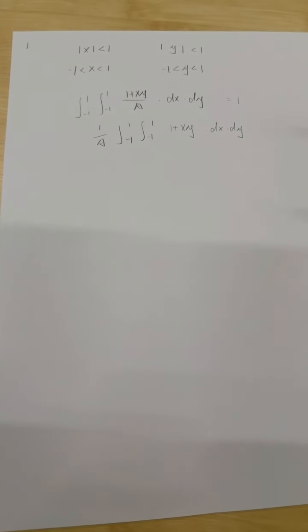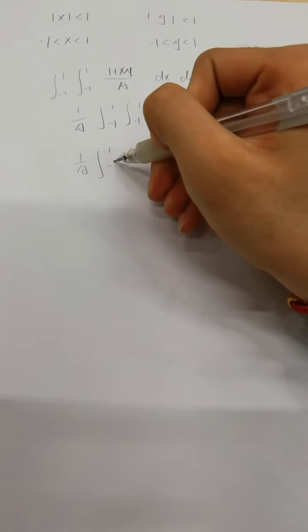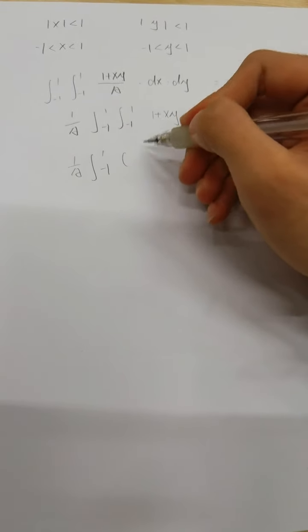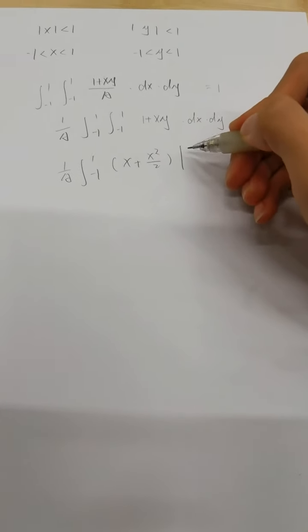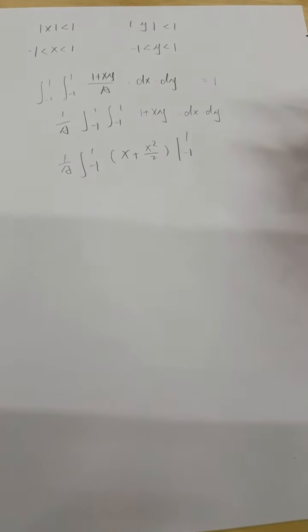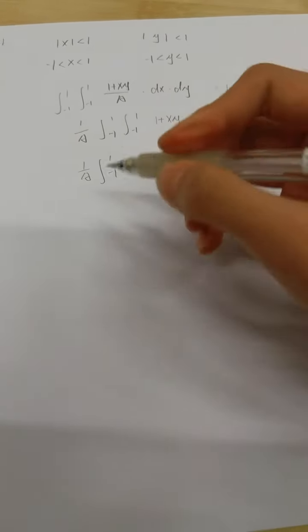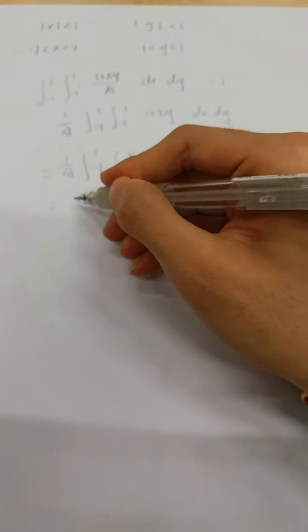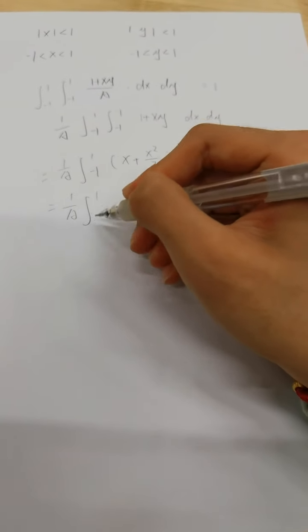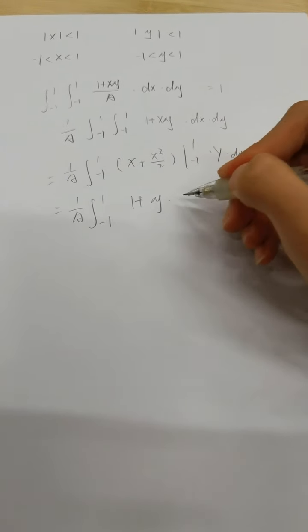After that, we integrate with respect to x first, which gives x plus x squared divided by 2 from 1 to negative 1, times y times dy, which is equal to 1 over A from negative 1 to 1, and it becomes 1 plus y times dy.